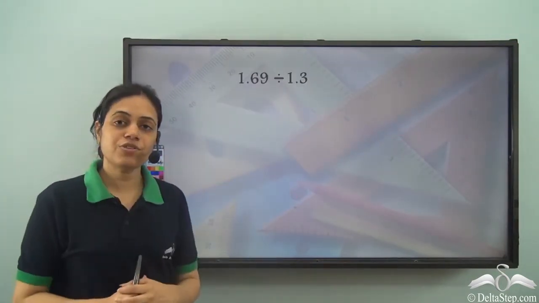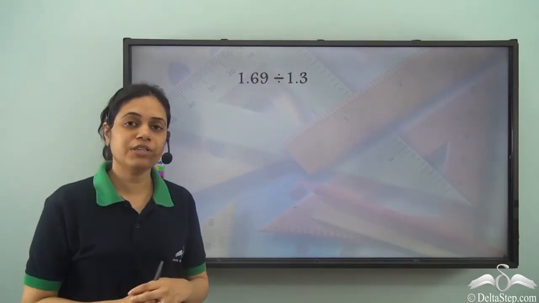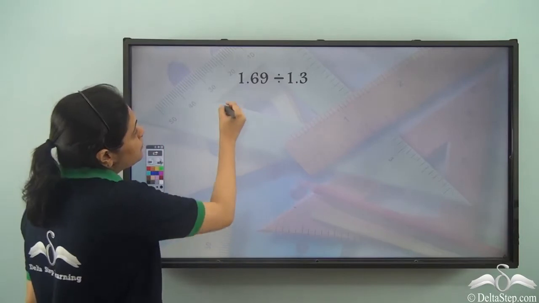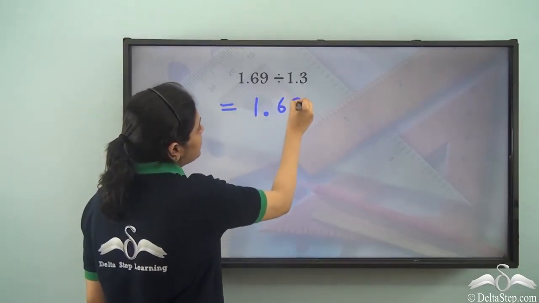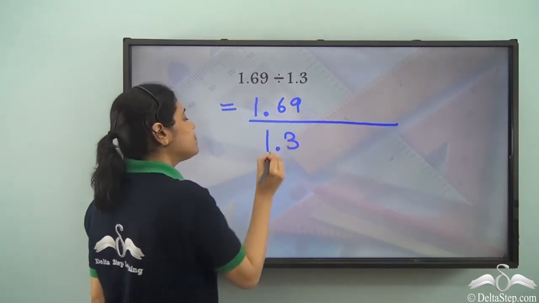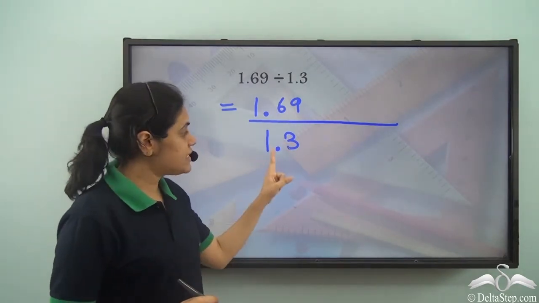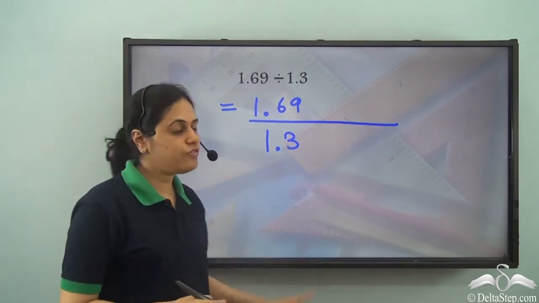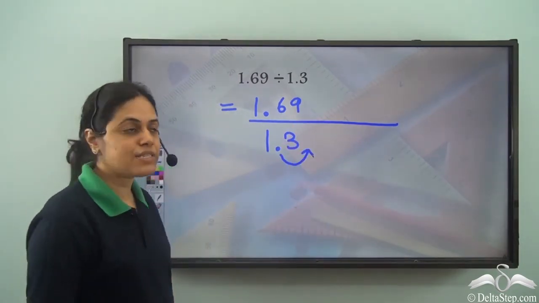Now can you solve this on your own? What is 1.69 divided by 1.3? So I have 1.69 divided by 1.3. Now the divisor has a decimal point. This decimal point has to be removed. So I need to move to the right by 1 place.